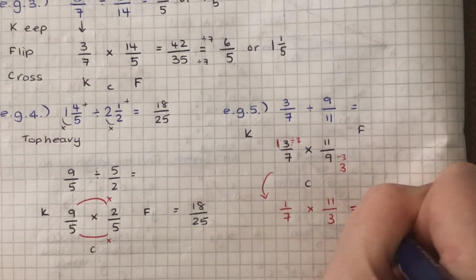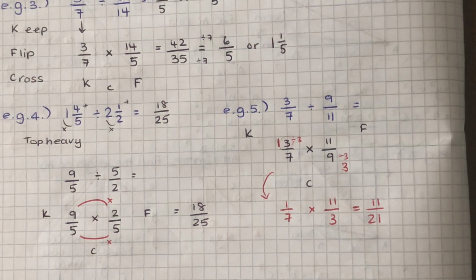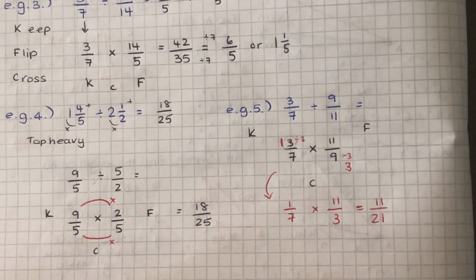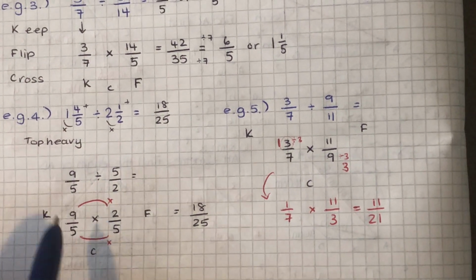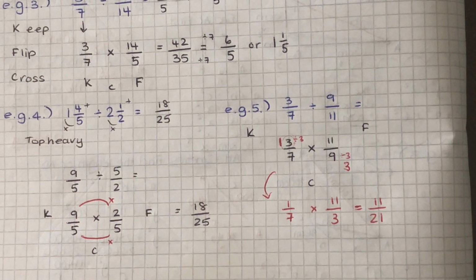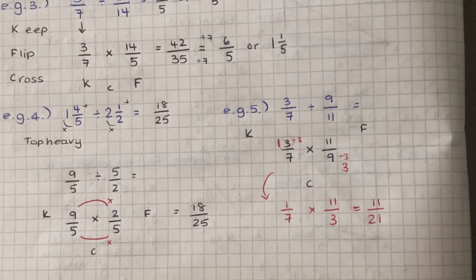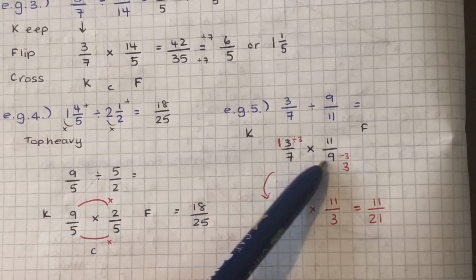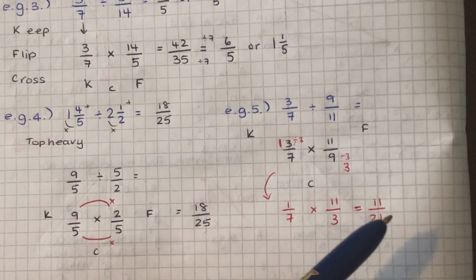The reason why we do this is that it makes slightly smaller numbers, especially if these are normally non-calculator. But if you're happy with maybe getting some bigger numbers, just stick with the normal method of multiplying them. I know some people who find maths quite easy might want to know that trick, that you can simplify, as long as it's one from the top and one from the bottom.